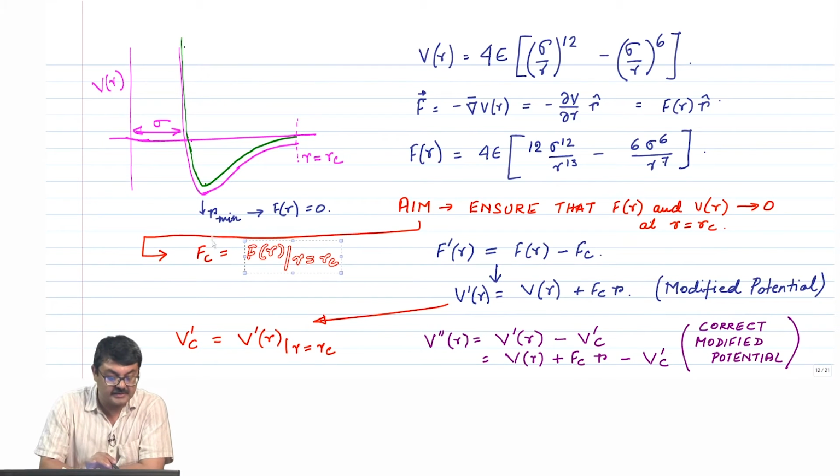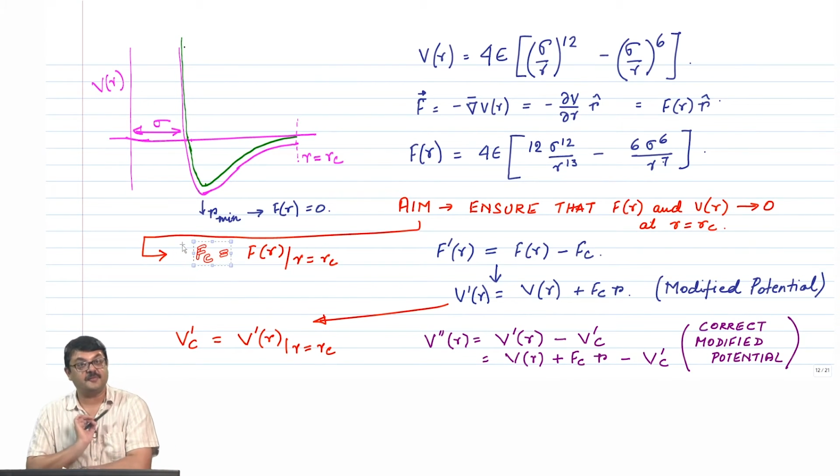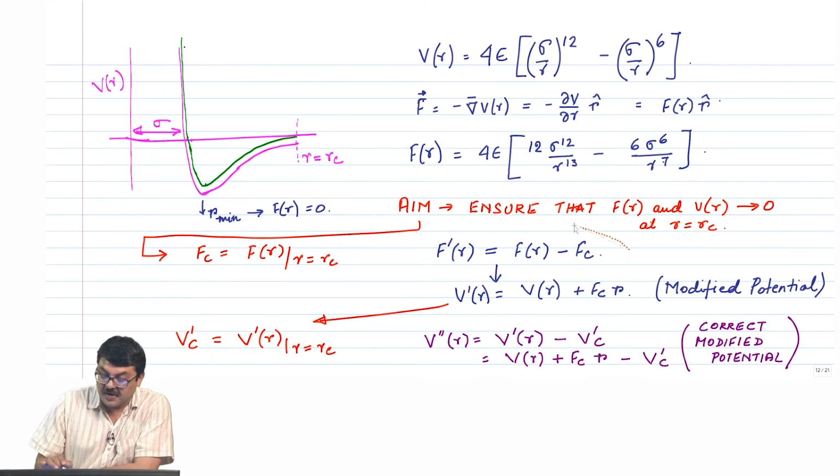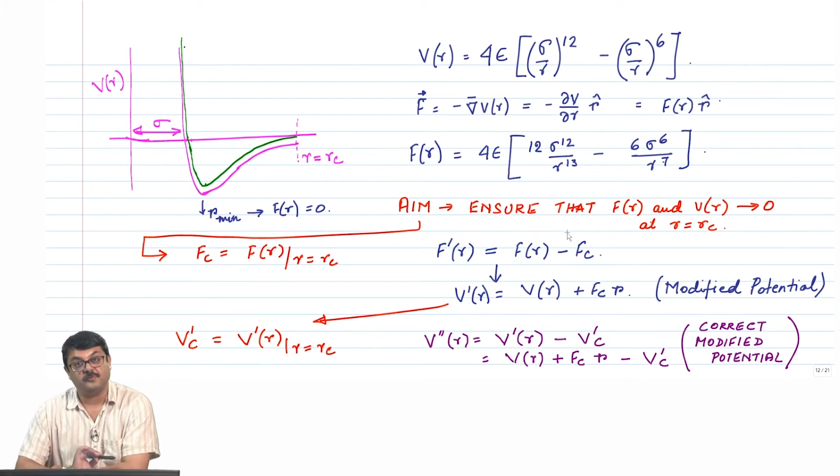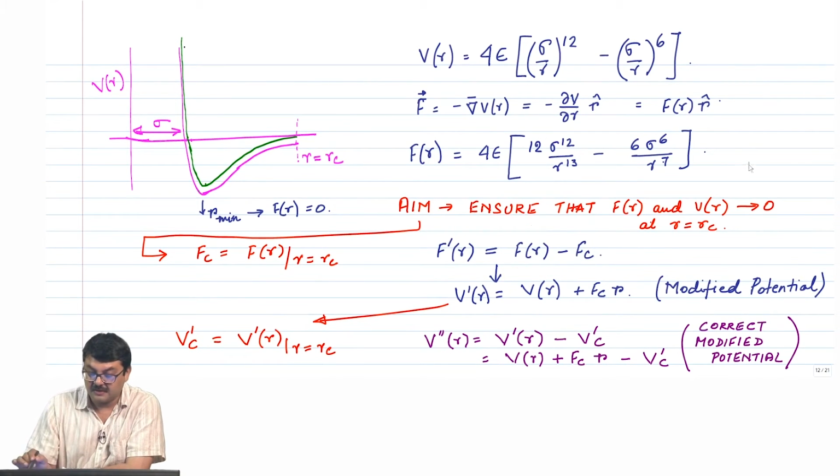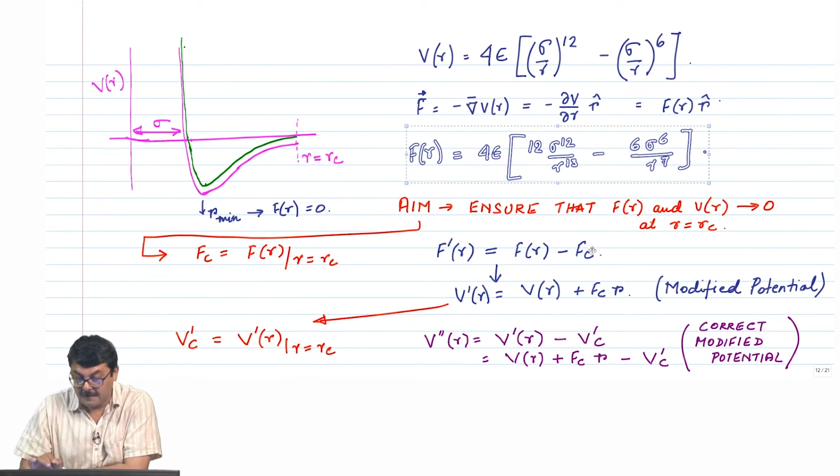So, that I denote by the symbol f c. Now, if you have a slightly modified expression of the force, f dash of r, which is nothing but f of r minus f c, then basically what you have is that the force has finite values.